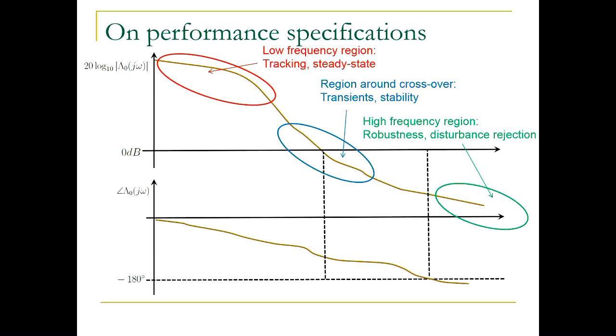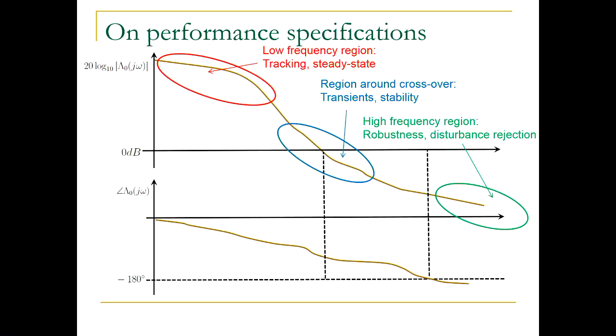We will see that what happens for the phase around the crossover frequency can be related to transients, in particular overshoot and rise time. And also stability. At this frequency, we will be looking at the phase margin.